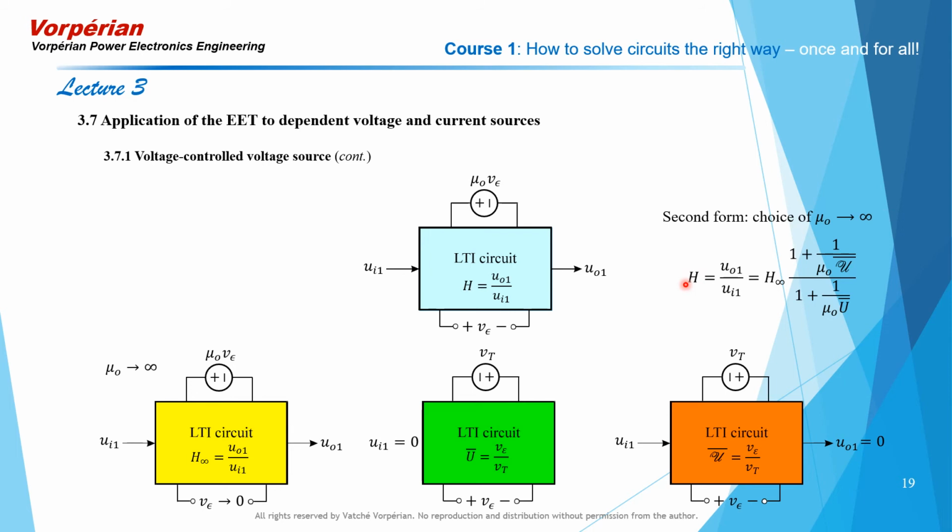What you have here is that the computation of H directly from this whole circuit is complicated because of the presence of this dependent voltage source here. We remove it out of the circuit and we break the circuit down into 3 separate calculations which do not involve this dependent source here.